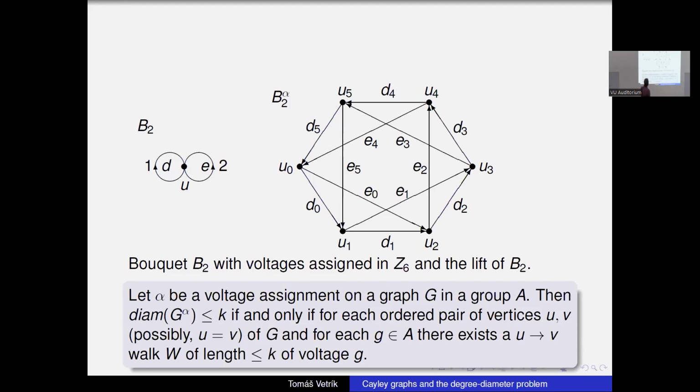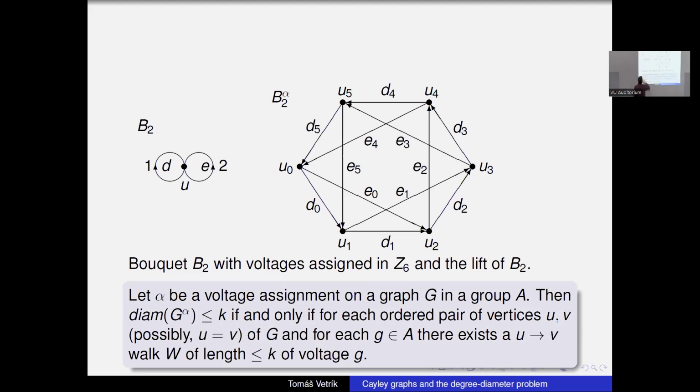As you can see, this example is very similar to the example of the Petersen graph, which was used here as a lift. Since we are assigning voltages from the cyclic group with 6 elements, Z6, instead of having one vertex, we are going to have 6 vertices. One vertex using a group with 6 elements will give us 6 vertices.